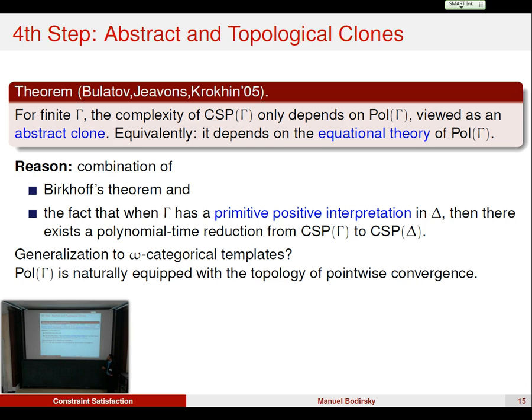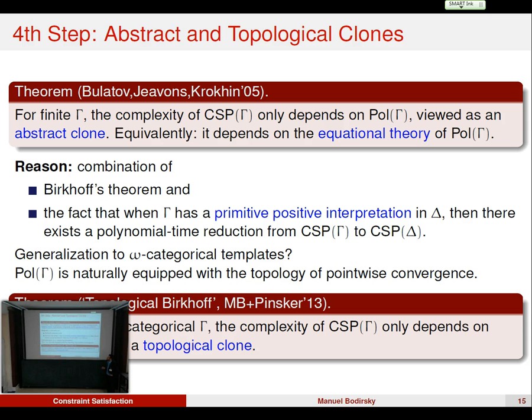So these are topological objects as well. And what we have shown recently with Michael Pinsker is that for countable omega categorical structures, the complexity of the CSP of Gamma only depends on Pol(Gamma) viewed as a topological clone. You take the abstract clone plus the topology, and this already determines the complexity.